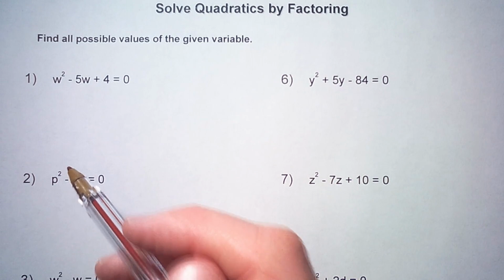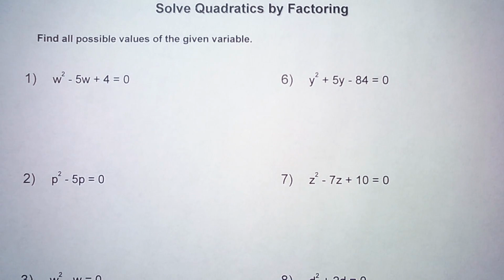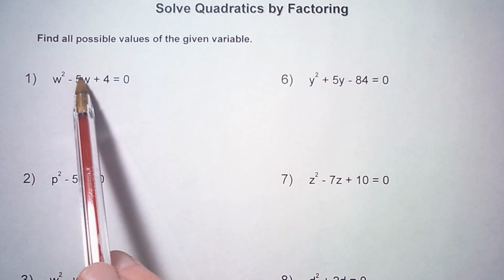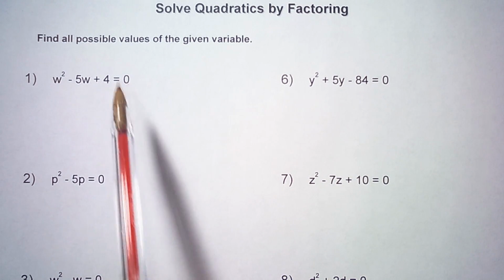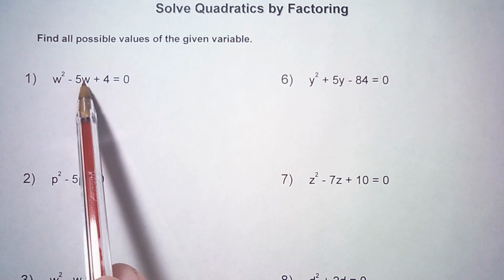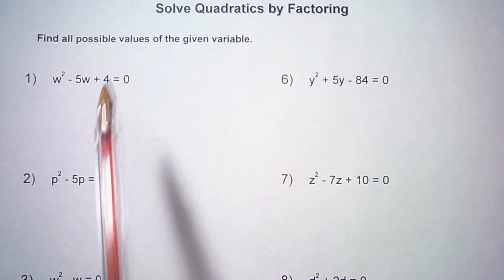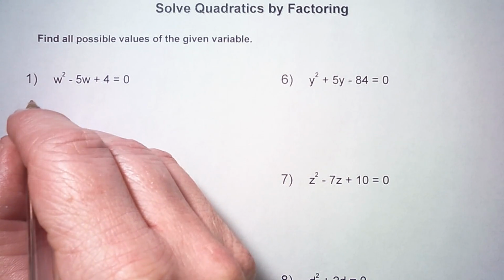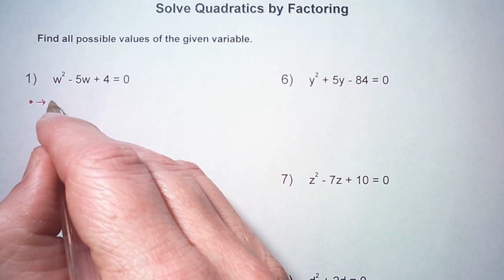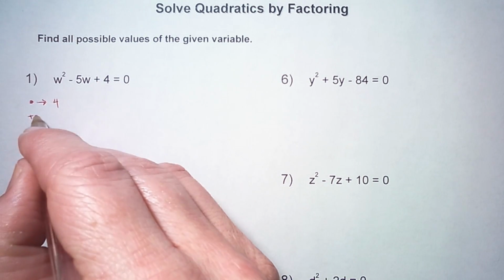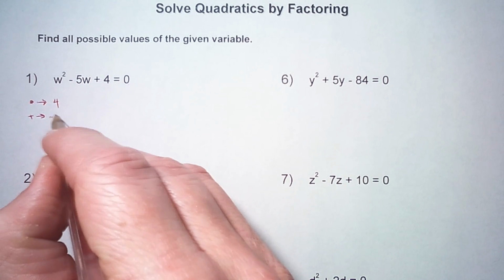Now when I solve a quadratic, the first thing I look for is a common factor that can be factored out of all 3 terms on this left side when it's set equal to 0. And I don't have a common factor, so I move to looking for 2 numbers that multiply to c, which is 4, and add up to b, which is -5.